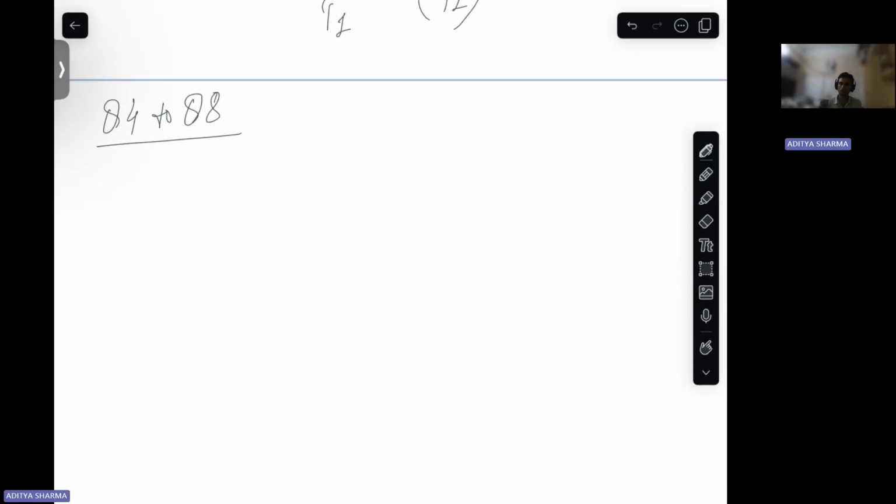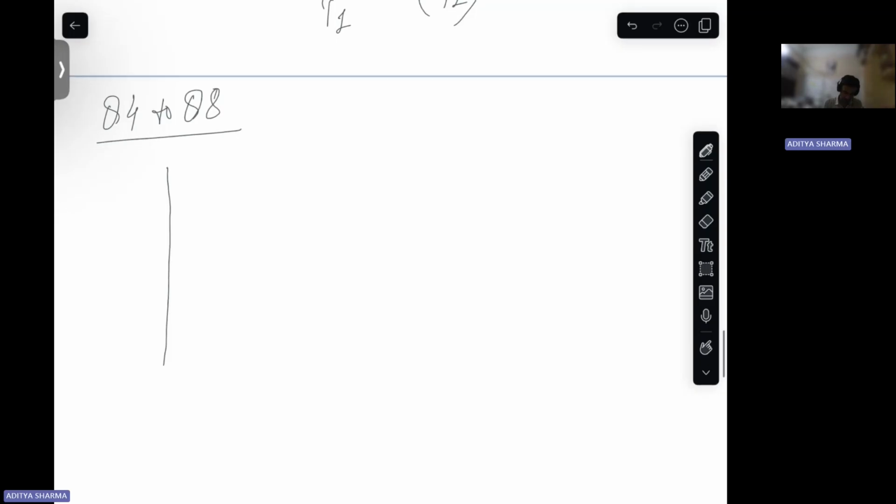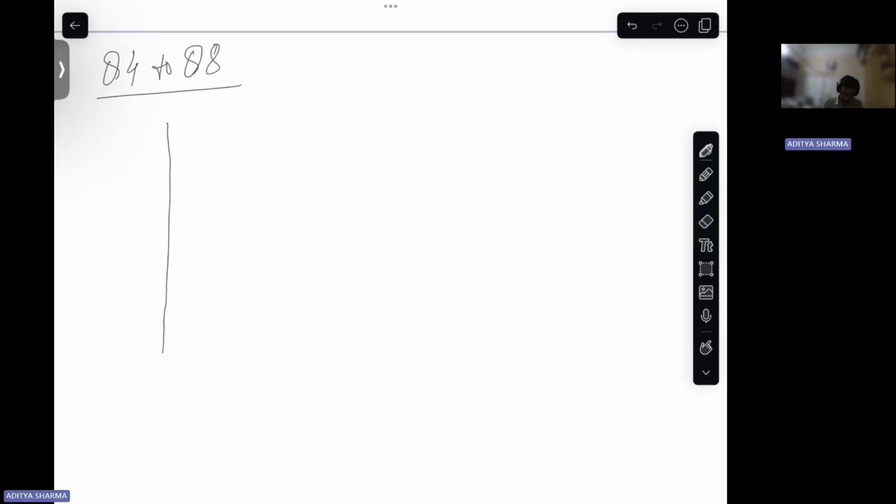So let's draw the diagram first. Diagram is very important. If we can draw a diagram, I would say 80% of the question is solved.